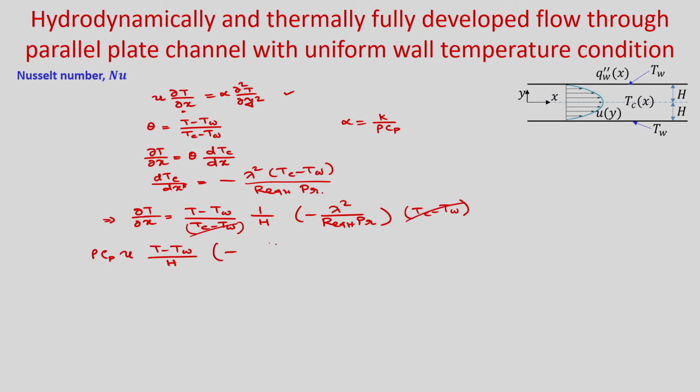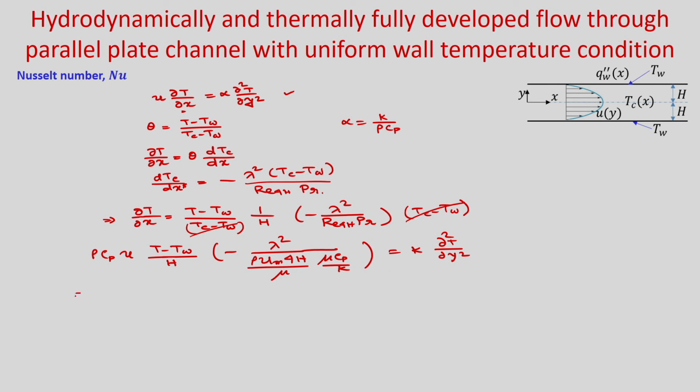So it will be minus lambda square divided by Reynolds number, rho u 4 h by mu, and this is your mu Cp by k, is equal to k del 2 T by del y square.